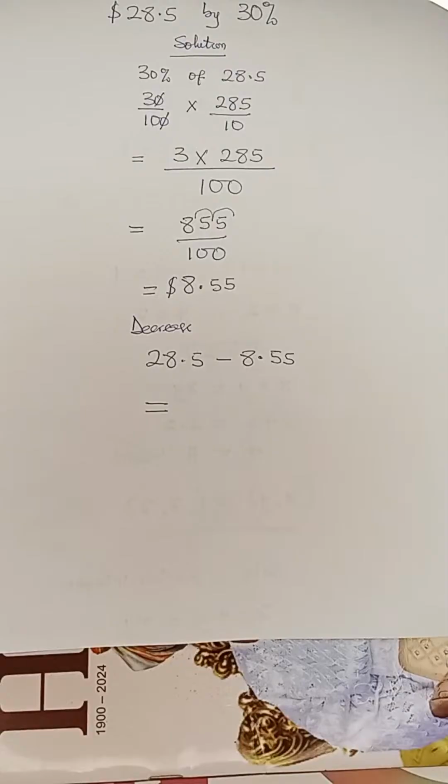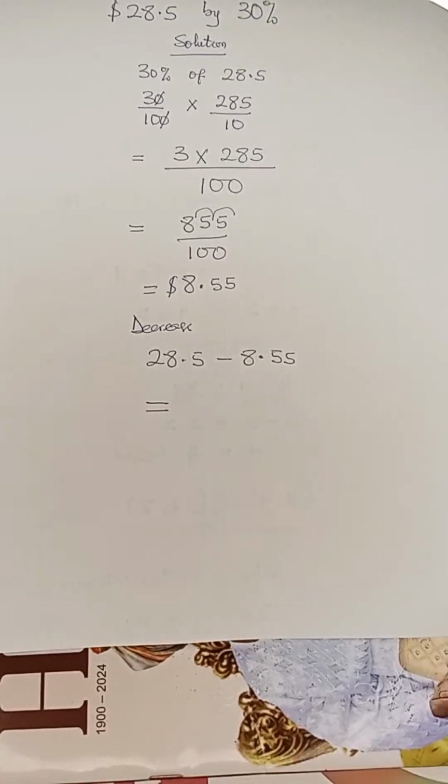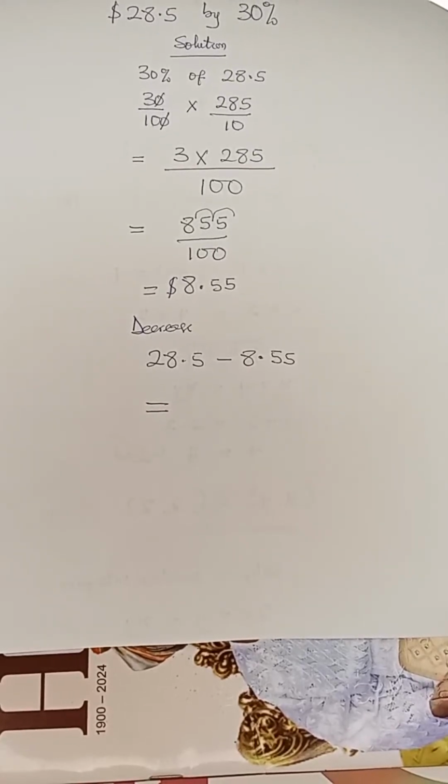So what do we have as final answer? 28.5 minus 8.55. Okay, we are waiting. What do we have? Who is giving us the answer?